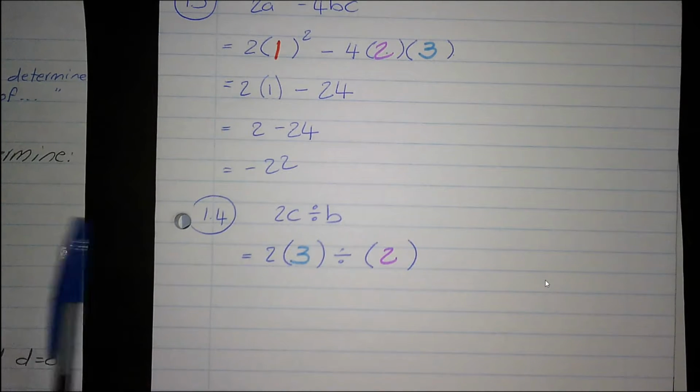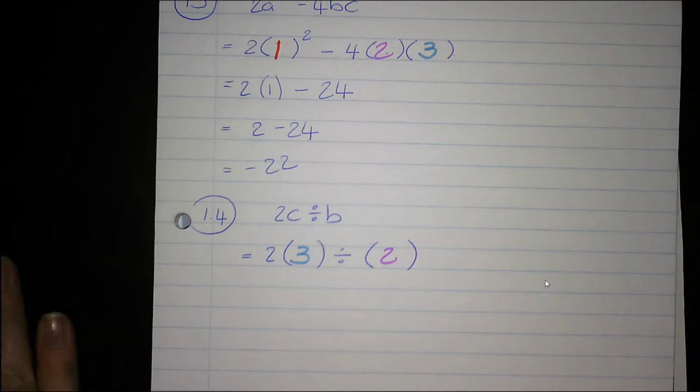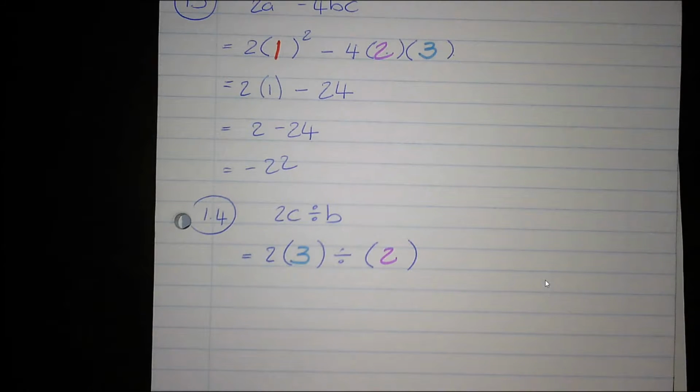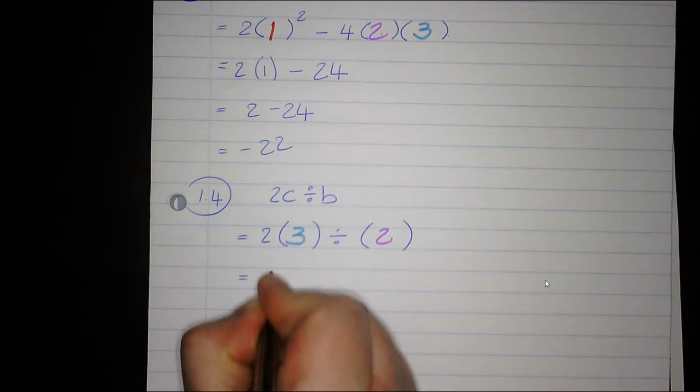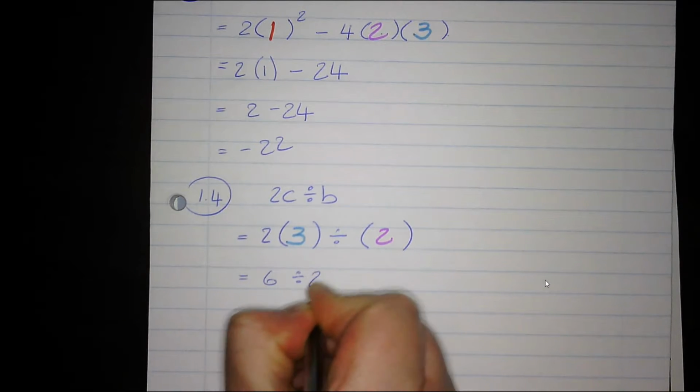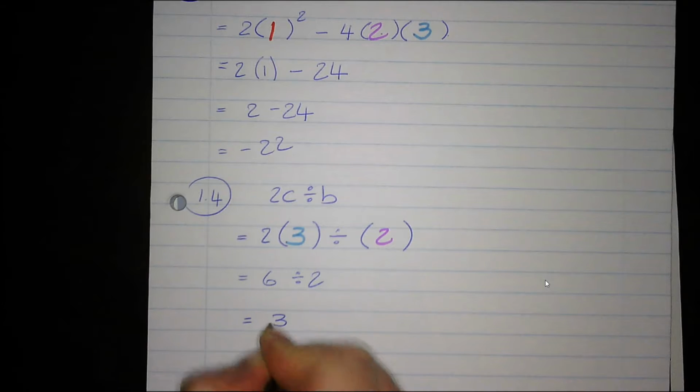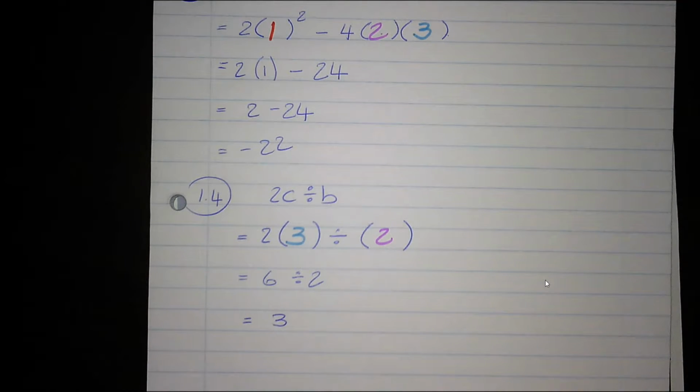Sometimes you don't have to use brackets, but just in case, let's keep it in brackets to be safe. 2 times 3 is equal to 6, divided by 2. That gives me 3. That's how you do substitution. So let's look at another example.